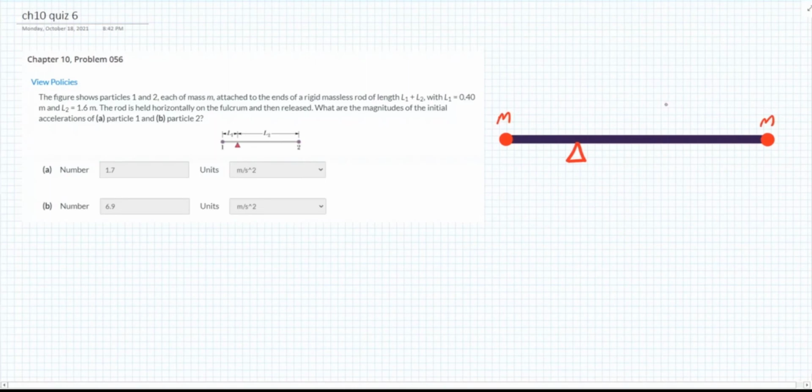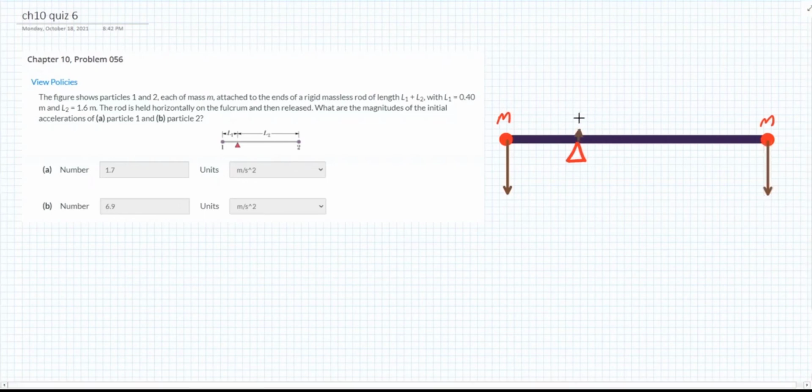And I've got to do my free body diagram. All right, so here's my free body diagram. I have weight pulling down on this mass, and weight pulling down on this mass. I have a normal force applied to the massless bar from the fulcrum.